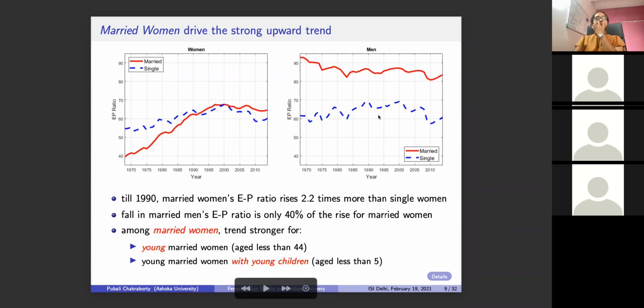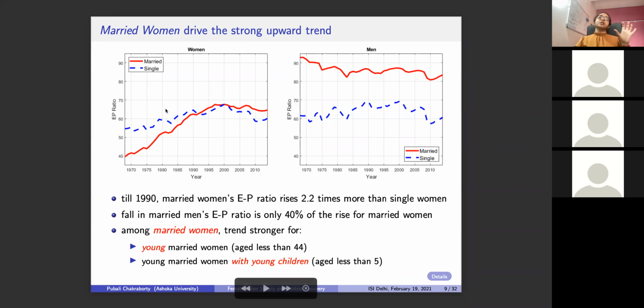But the fact that we don't see this happening is going to be important in terms of looking at how the change in terms of women would map back into the aggregate picture.